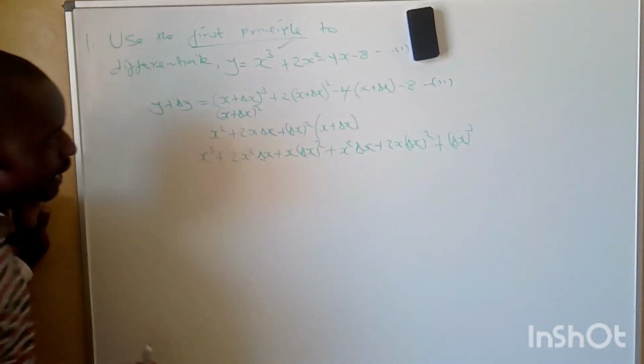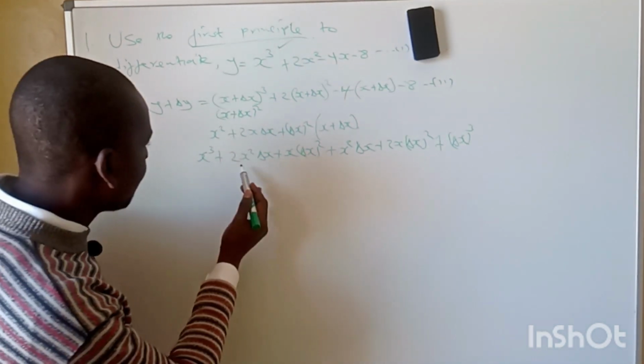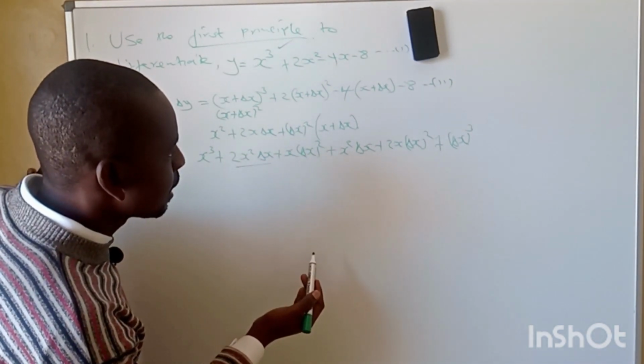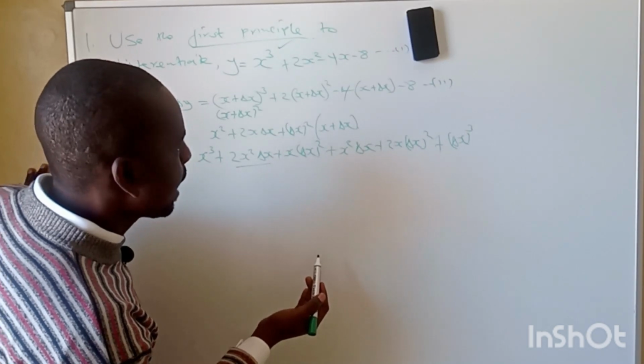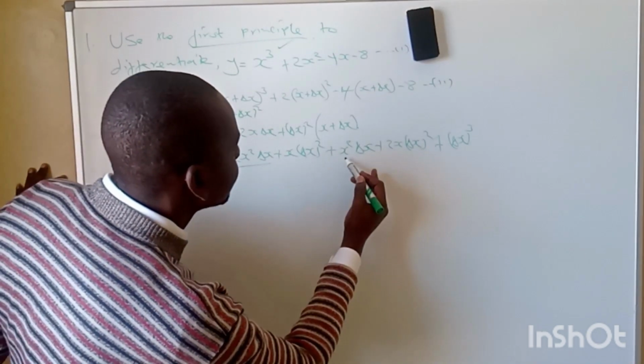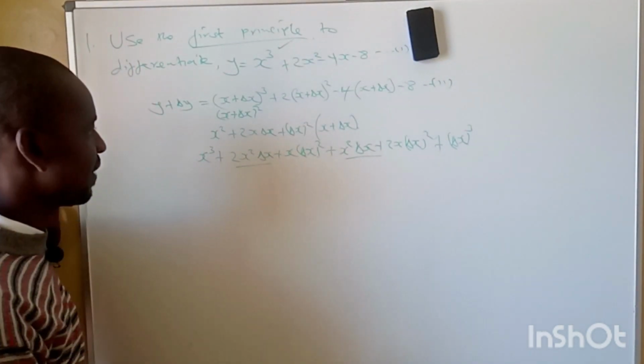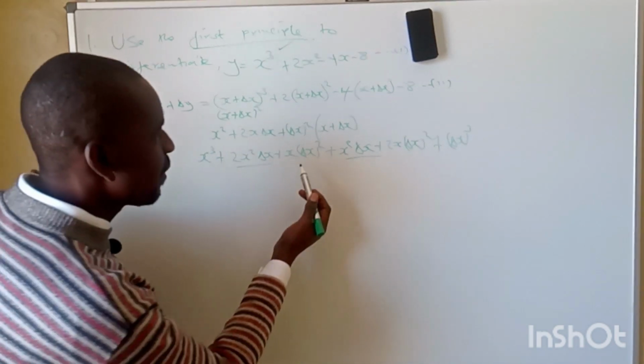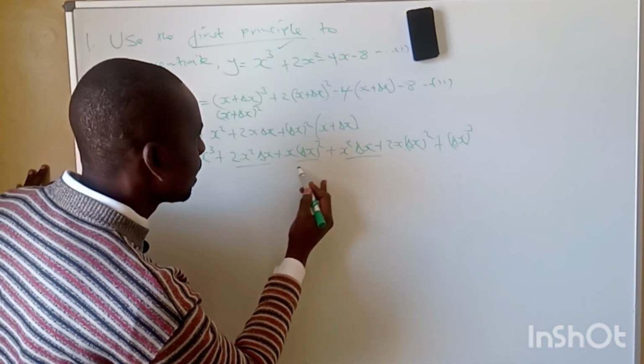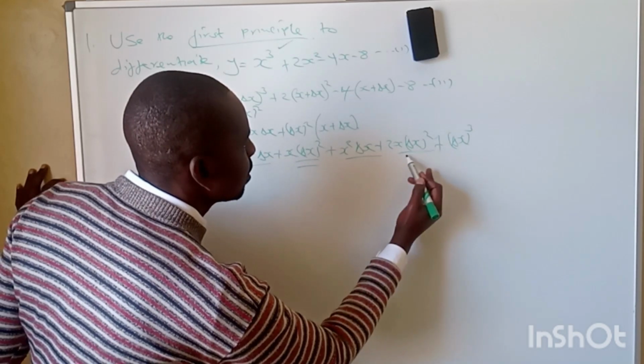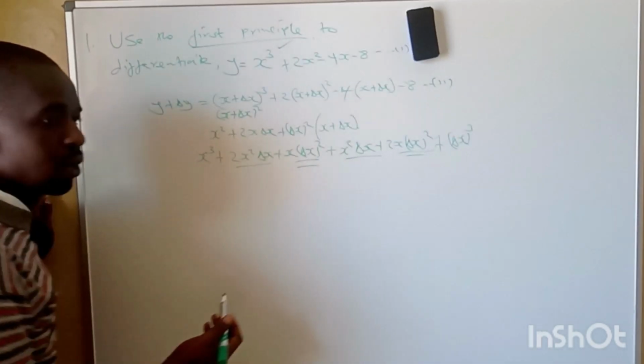So can we collect the like terms? You can see we have 2x squared change in x and x squared change in x. So we are going to collect the like terms there. Then also we have x change in x squared here and 2x change in x squared there. So let's collect the like terms.